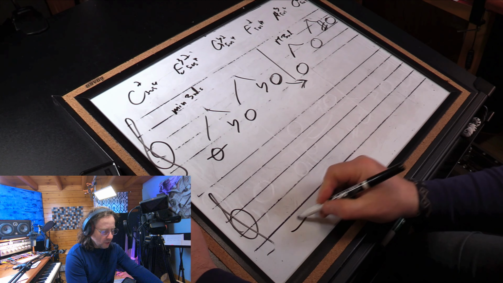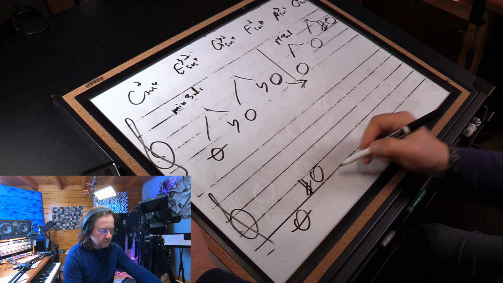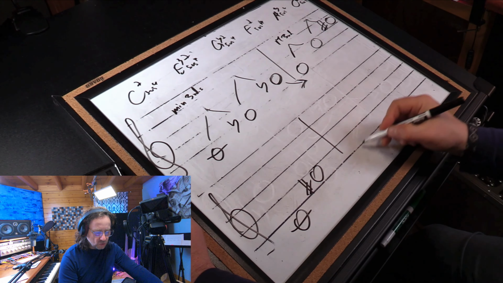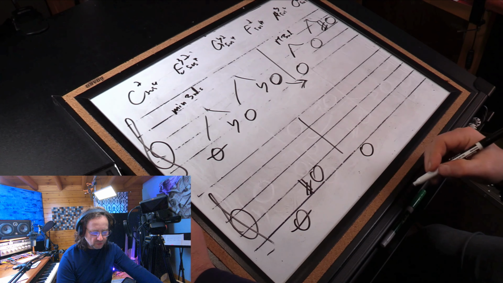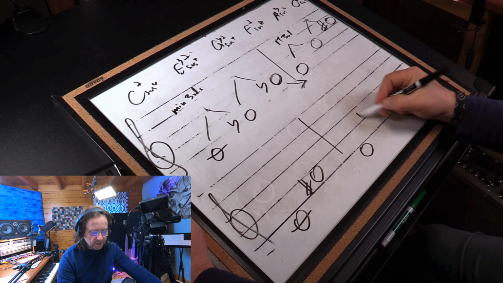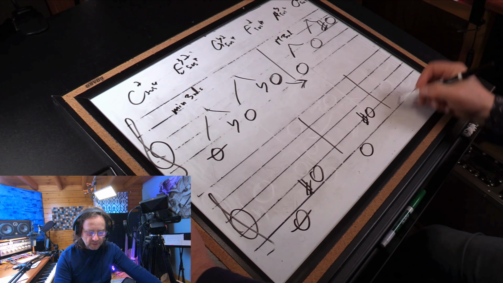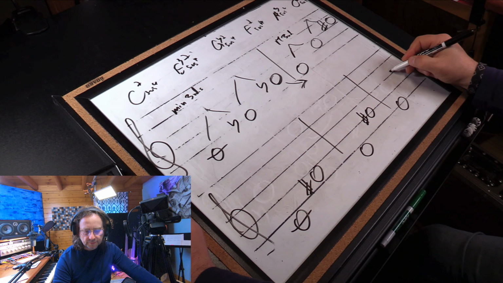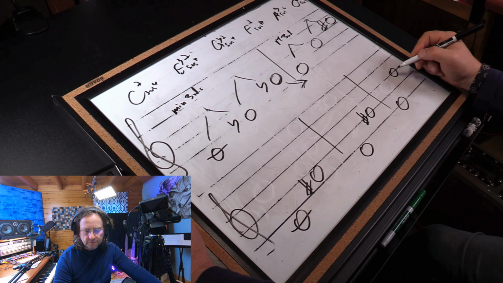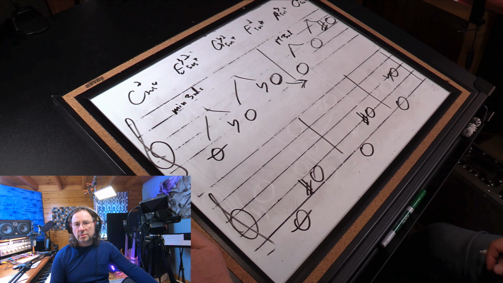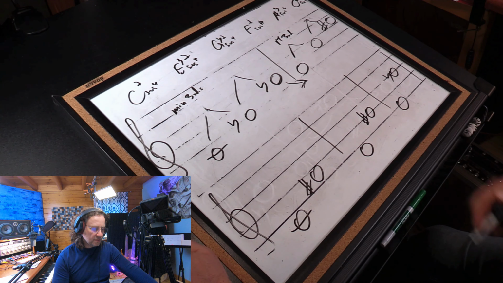You could go for 1 and sharp fourth. You can then go down for D and then G sharp, and then E, A sharp or B flat. It's the same thing.